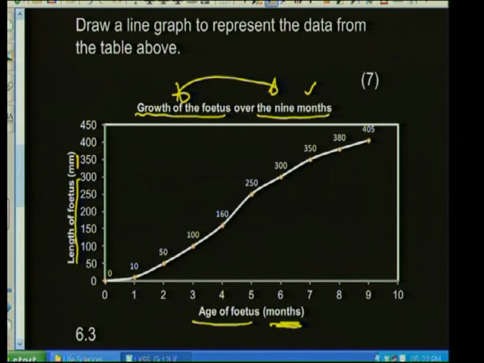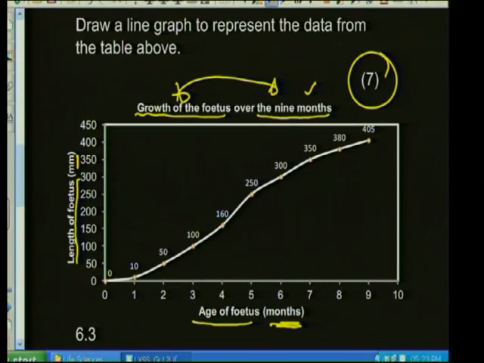Now, notice that over the last year or so, the number of marks allocated to a graph has decreased from around 13, went to 9, and now it's staying around 7 or 8 marks only. So lots of the criteria have been combined.